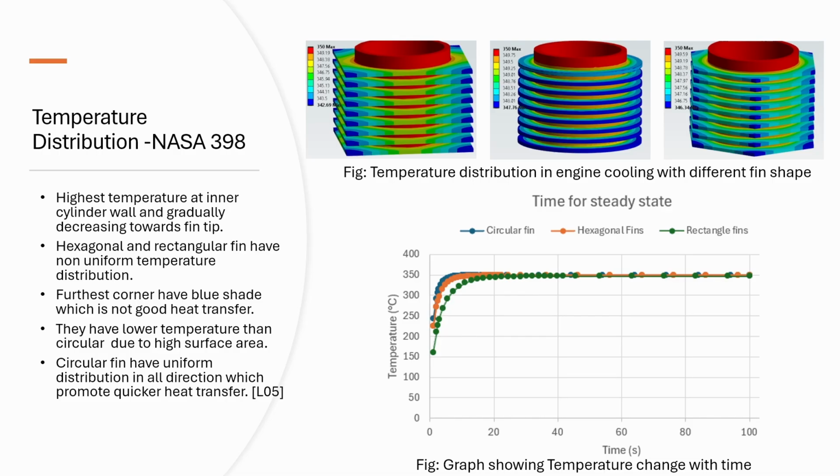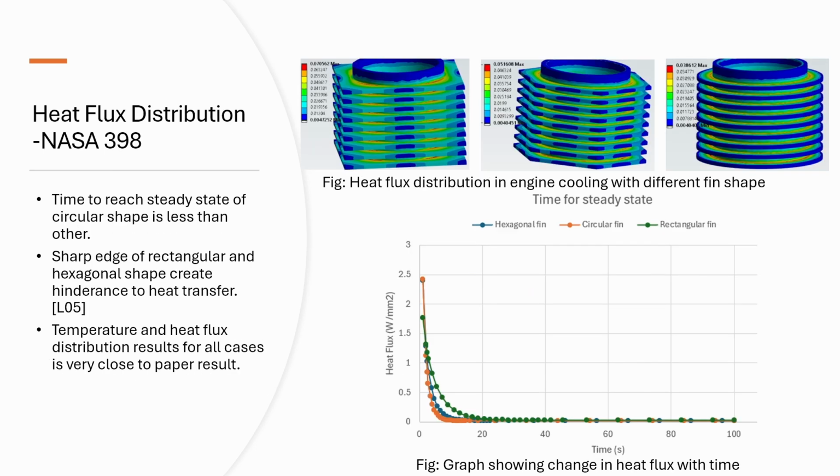So we have to keep in mind the temperature, and how much time one shape takes to reach the steady state condition. And this is also the heat flux. Here we can see that circular fin has the good time.